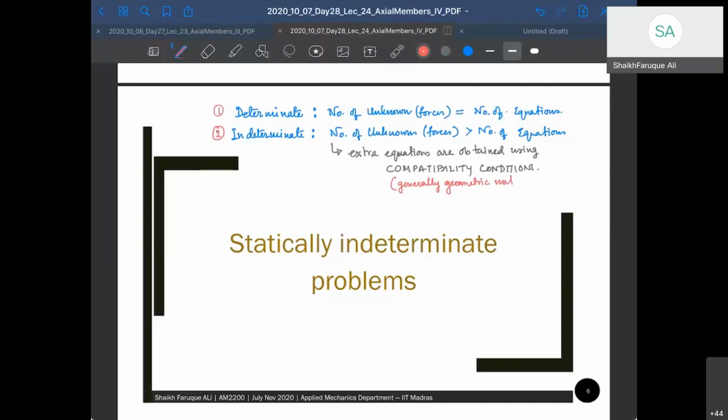When I say geometric in nature, it means it comes from deformation relationships. It comes from the deformation constraints that we have on the structure.